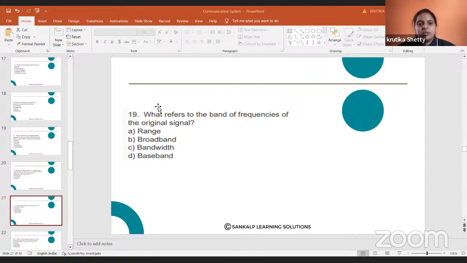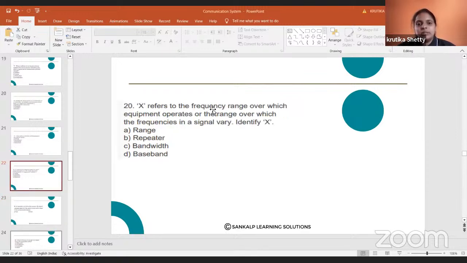Then the next question. X refers to the frequency range over which equipment operates, or the range over which the frequencies in a single signal vary. Identify X, whether it is a range, repeater, bandwidth, or the baseband.